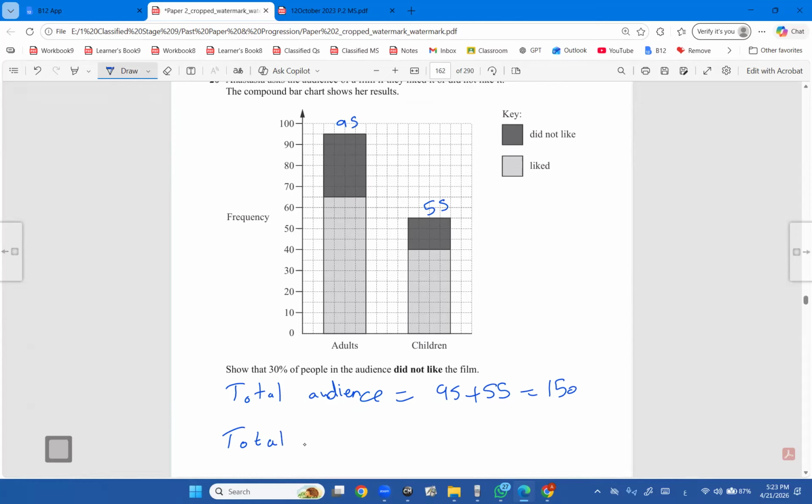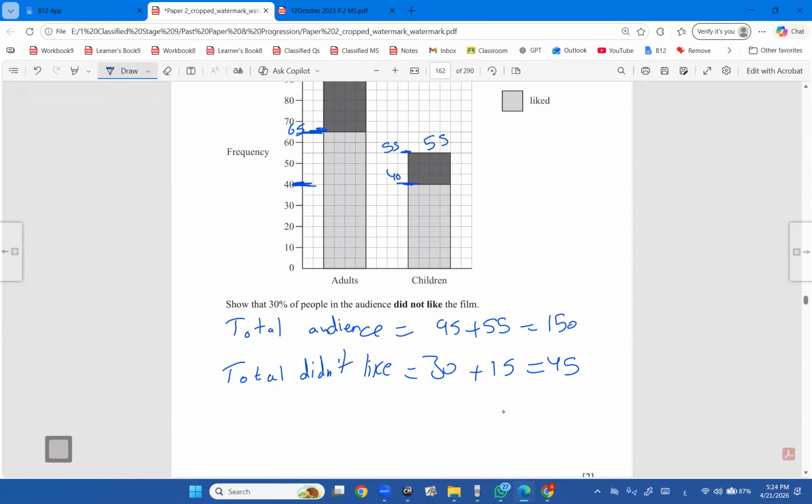Total who did not like it. You're going to find that it is from 65 until 95, which is how many? 30 people. Plus, here it is from 40 until 55, which is how many? 15 people, which is 45, right? So now total who did not like it is 45.